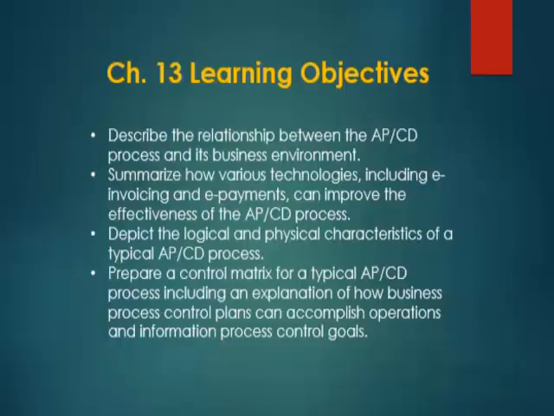Summarize how various technologies, including e-invoicing and e-payments, can improve the effectiveness of the APCD process. Depict the logical and physical characteristics of a typical APCD process. Prepare a control matrix for a typical APCD process, including an explanation of how business process control plans can accomplish operations and information process control goals.